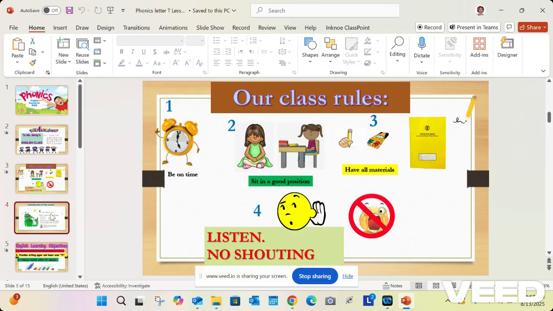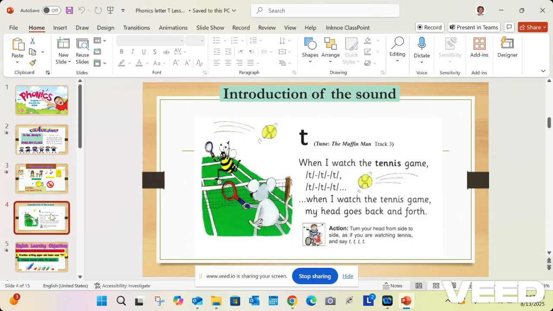All right. So for today, we are going to learn about the letter T, the t, t, t sound. Okay, can you say the letter sound t, t, t? Can you do it? T, t, t. Okay, so if you want more practice with the letter sound T, you can go to Jolly Phonics and watch the letter T sound.